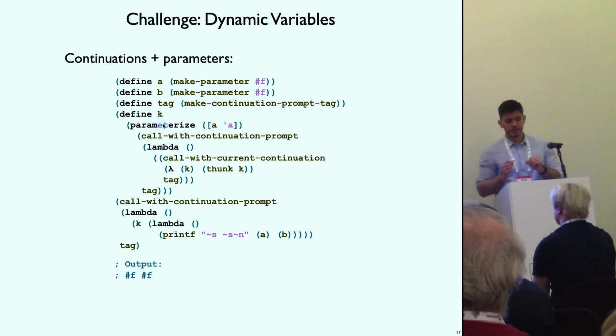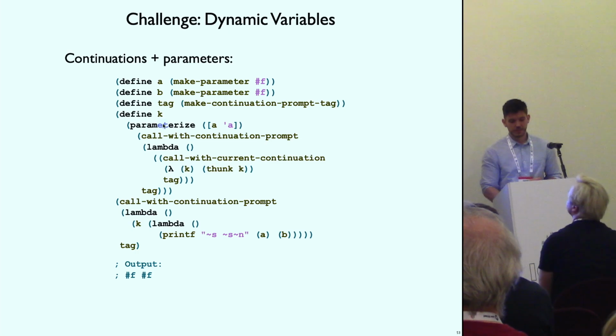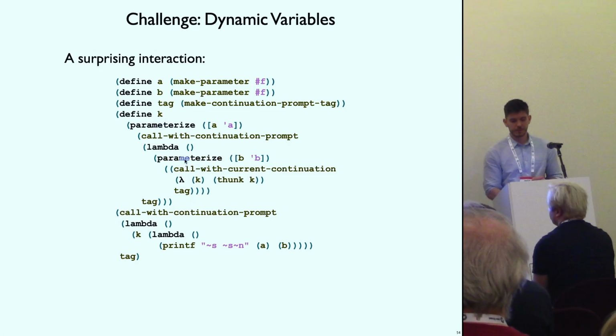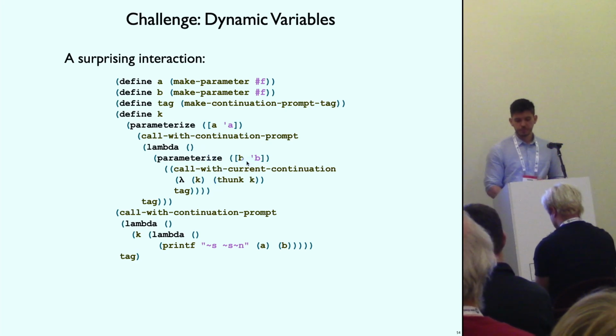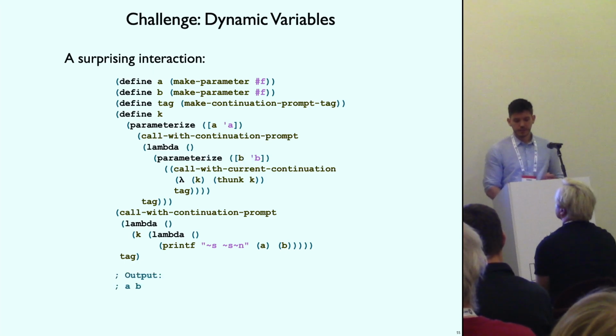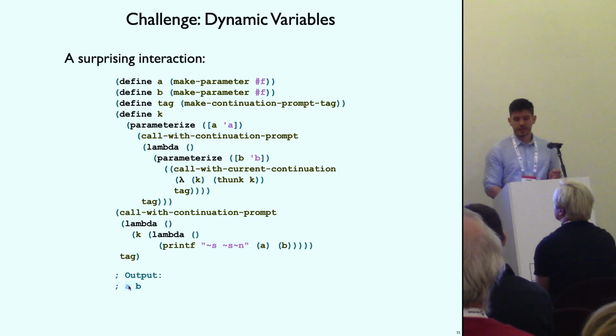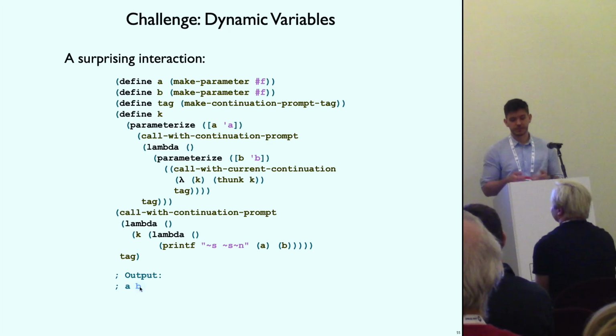However, if I very slightly modify this code to add a second parameterization within the captured chunk of frames, then what happens is quite surprising, and the output is A and B. And so you can have this kind of parameter revival issue, at least with Racket's implementation of parameters and of these features.